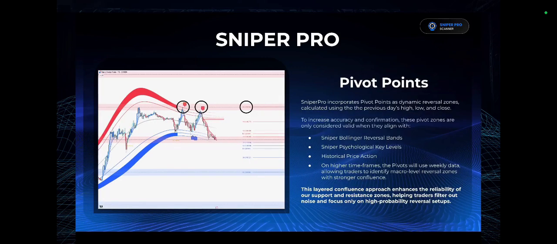Now, next, we also have the pivot points built in. Alrighty, so we have pivot points, which are based on the previous day's high, low, close, and they will give you a deviation to predict reversal levels.